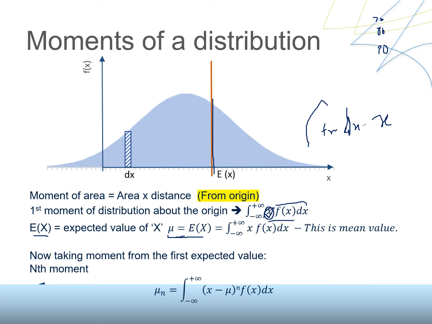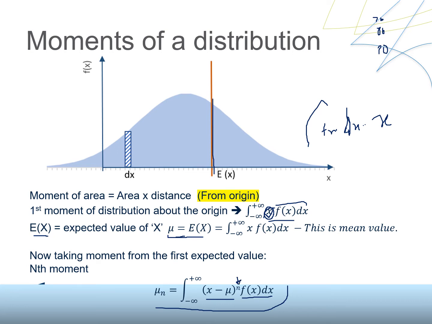That's the expected value. The next one is, once we calculate the mean, then we calculate all the moments from that mean, not from the origin, but from the mean. That means f(x) dx times (x minus mu) to the power n.